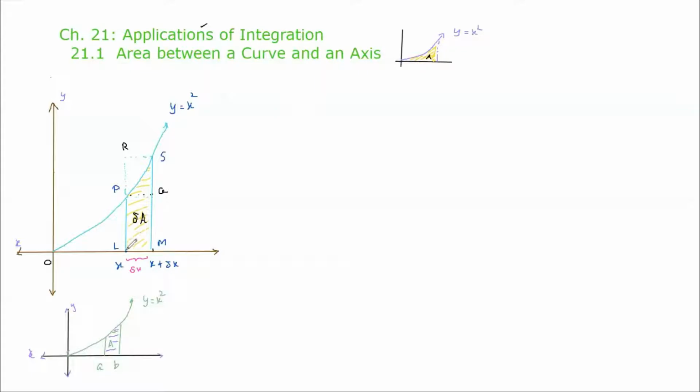And then from this point L to P is y, the value of y. PL is y. So MQ is also y because it's a rectangle. So from Q to S, we can say y plus delta y, correct? So this whole thing, MS or SM here, is y plus delta y.